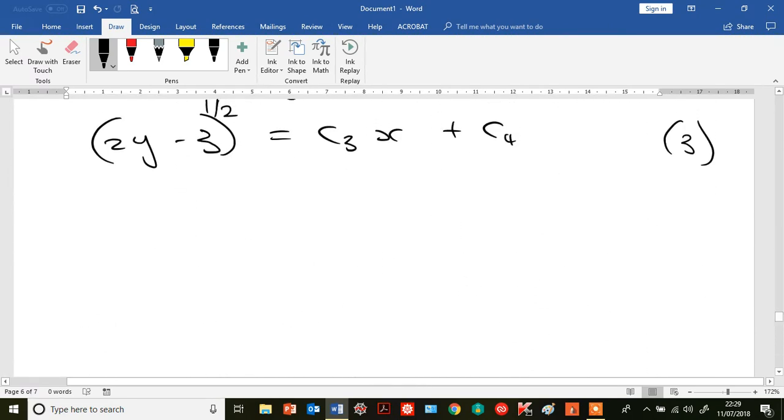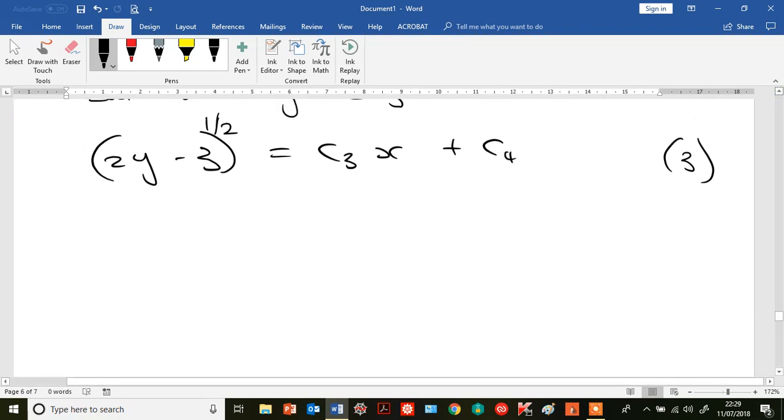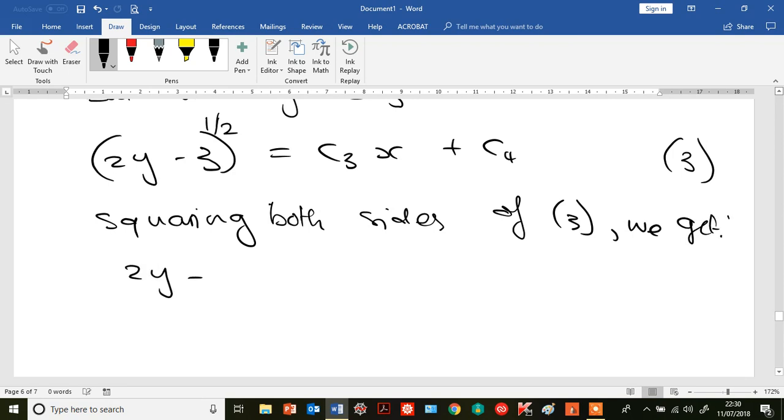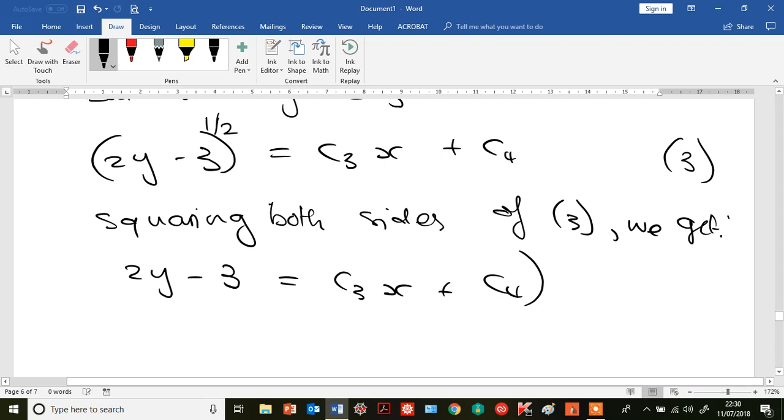Right, so what we want to do is get that squared. Squaring both sides of 3, we get 2y minus 3 equals C3x plus C4 all squared.